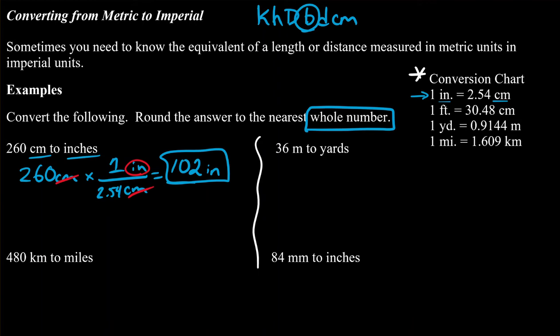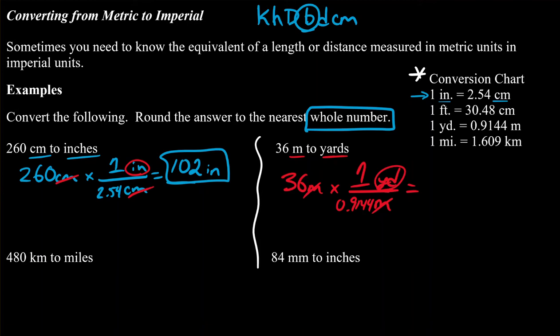We're trying to see, can we go straight from this unit to that unit? Is there some relationship where meters and yards are being related? Yes, there is. So we'll say 36 meters. I want to turn it into yards, and I want to get rid of meters. So in 1 yard, there is 0.9144 meters. Meters and meters will cancel out, and I'll be left with yards.